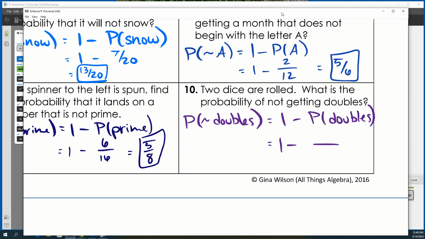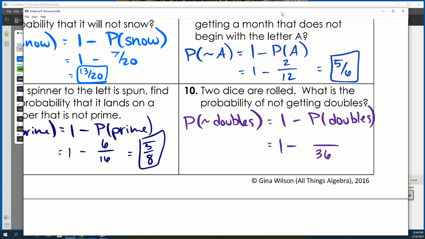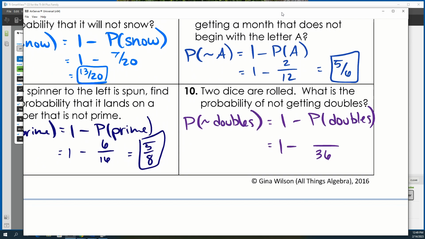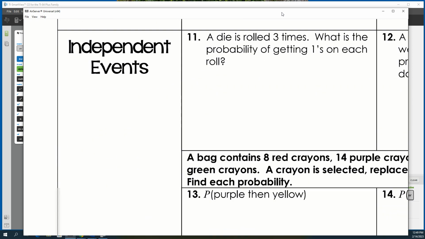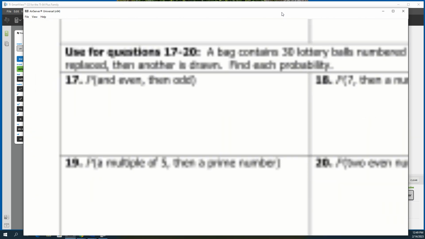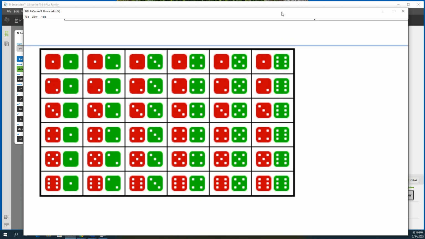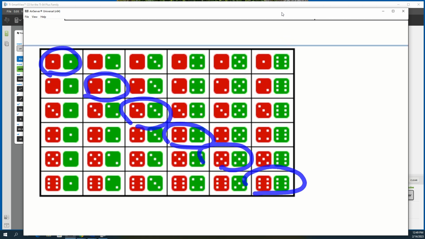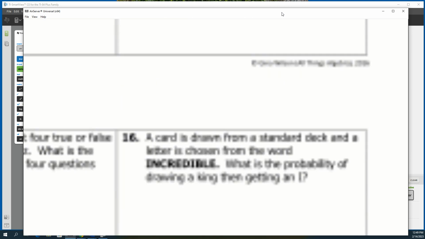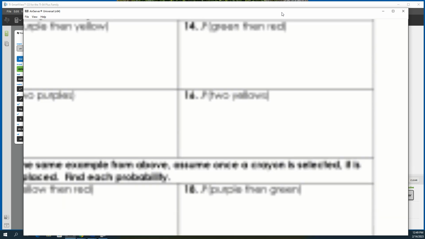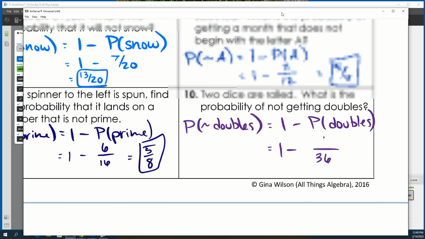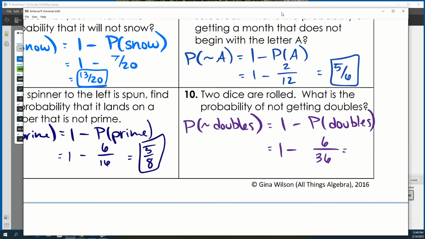We already did this once, and we know there's 36 outcomes when you roll 2 dice. I'm going to put that 36 on the bottom. And then doubles is when you get 2 1s or 2 2s or 2 3s or 2 4s. So yeah, good. There's 6 ways to get doubles. So 6 is going to go on the top. All right, and then when you subtract, that's going to be 5/6 for your probability.